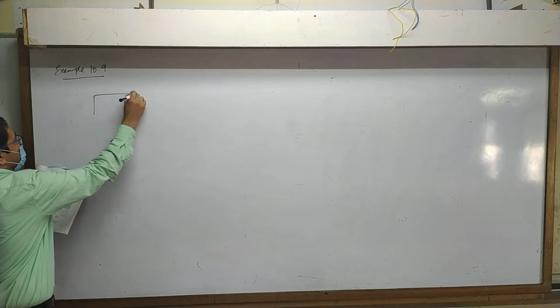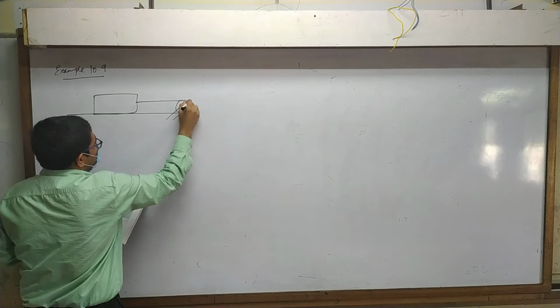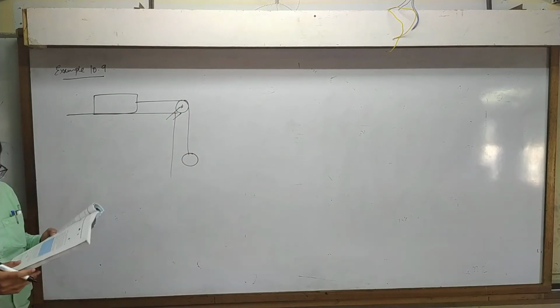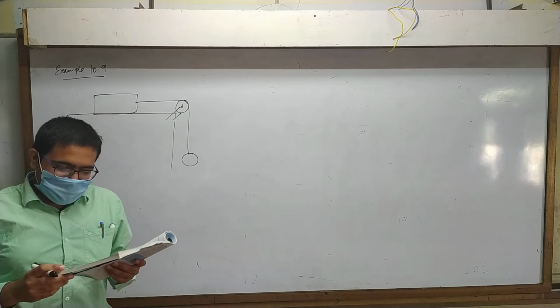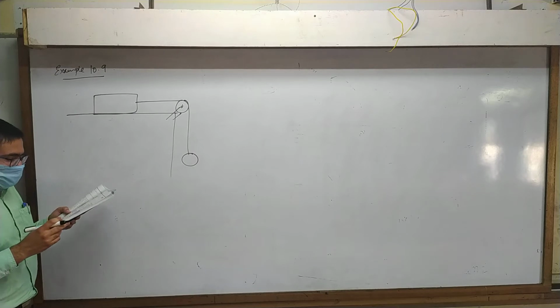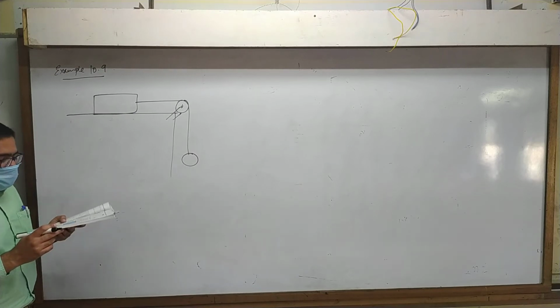So first of all, let's draw the figure and see what's going to happen. Okay, so this is what we have, and then a liquid with film thickness 0.3 mm is placed between the block and the table.